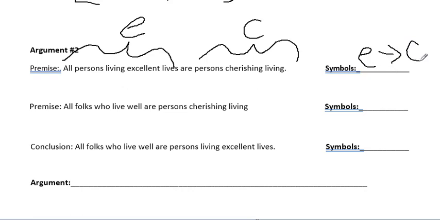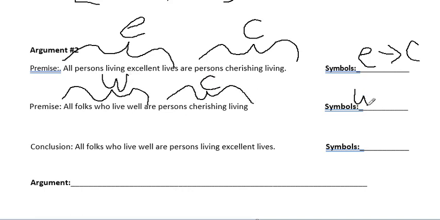So E implies C. All folks who live well are persons cherishing living. So all folks who live well, we'll let that be W for well, implies someone who cherishes living. So W implies C. If it's a person that lives well, it's a person that cherishes living.